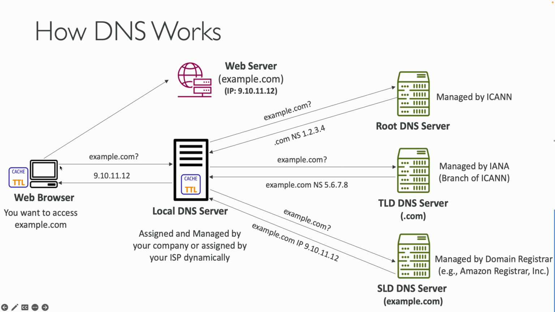And again, if you then check for example.com, it will again go to this root DNS, top level DNS and second level DNS, and get the IP address of the server which example.com is connected to. It will get the information from them. Okay, so this is how the DNS works.